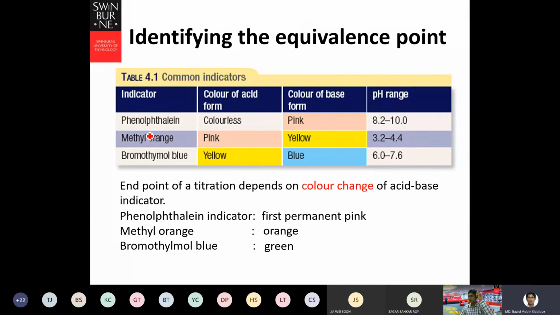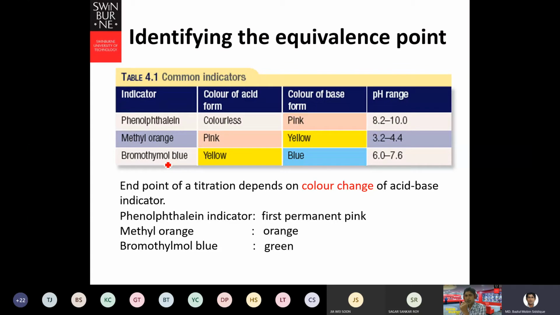The phenolphthalein color change range is from 8.2 to 10, and methyl orange will give you this pH range. The color will only be visible in this pH range. Beyond this pH range, we will not get an appreciable change in color from the indicator.